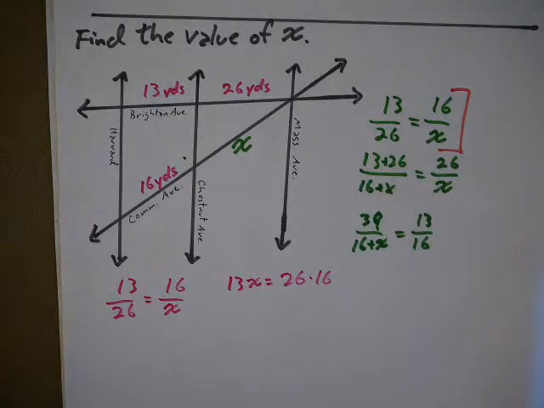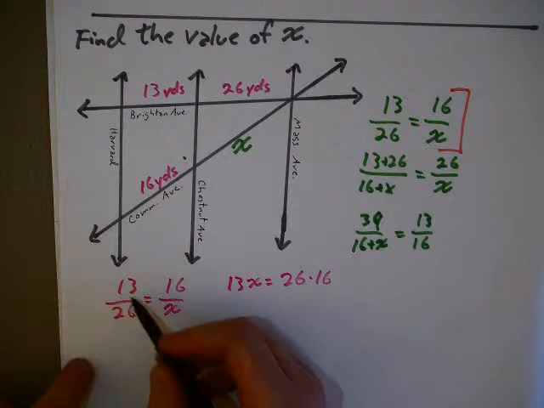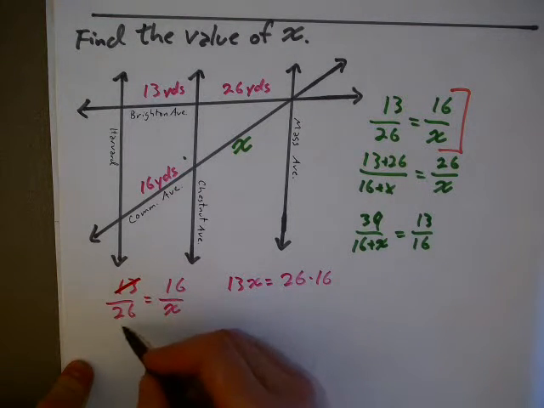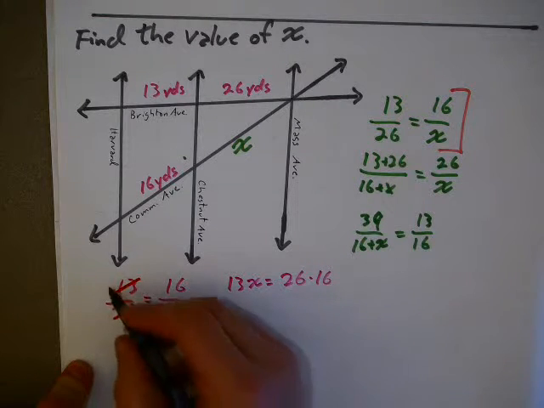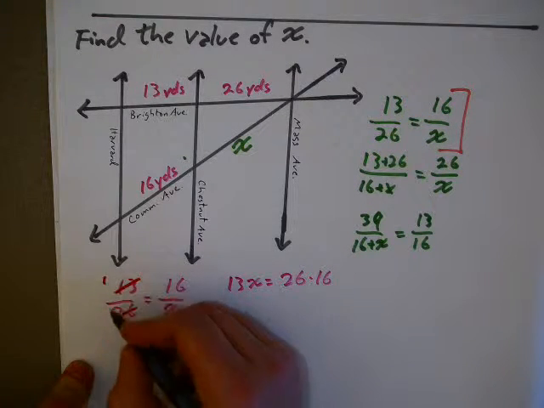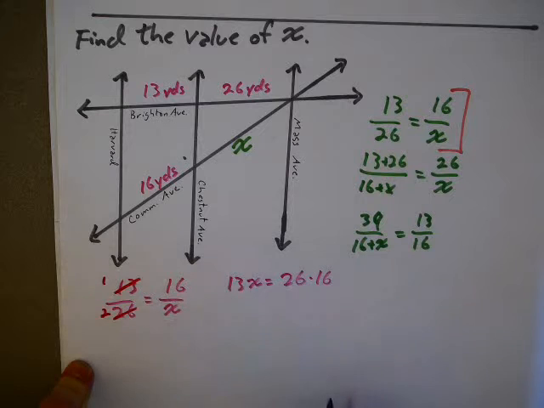But what I also can do is recognize that if I have 13 here and a 26 there, well, I know that 13 goes into 13 once and into 26 twice, so I'm just going to simplify that fraction.